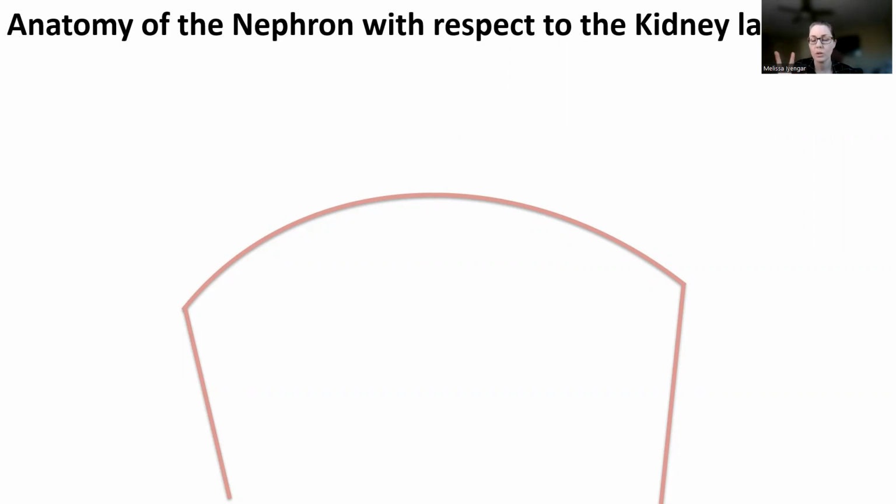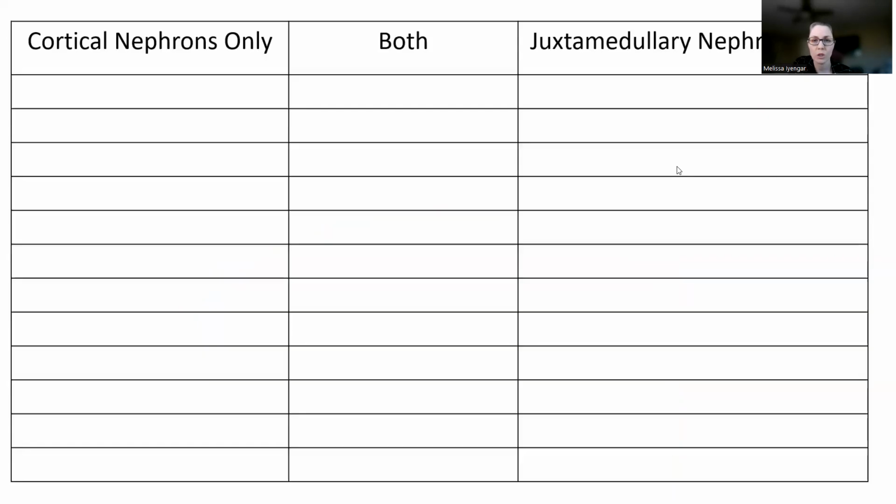So I'm going to draw two different types of nephrons. One is going to be a cortical nephron, and the other is a juxtamedullary nephron. Okay. So I created this chart here for you to fill out. Maybe move my picture a little bit if you need to take a screenshot of that. But it will also be on Canvas.